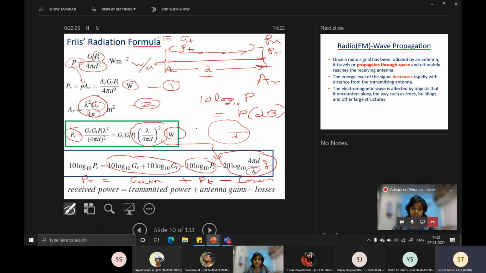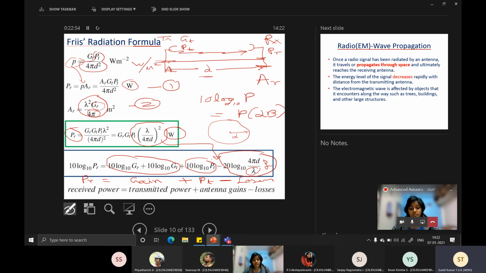Incidentally, now the other doubt you people will be having is how can an antenna have a gain? Unless you pump in some energy, how can you get more energy? You're giving some input energy, and the antenna doesn't have any power supply, but still you get a gain. Raghavendra, any idea how you achieve this?